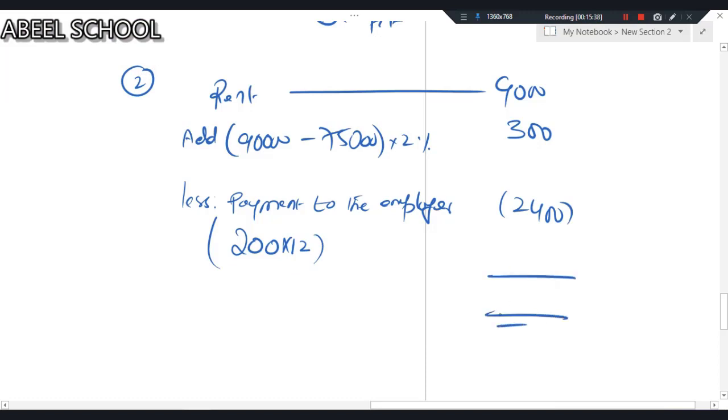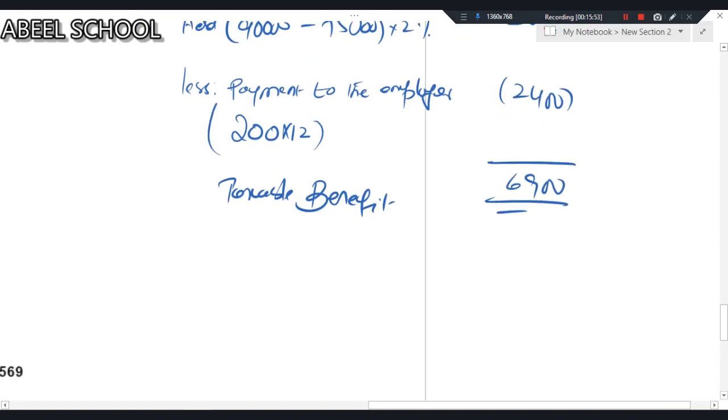Here comes your taxable benefit. Now this accommodation benefit, taxable benefit is, let me deduct this, 6,900.